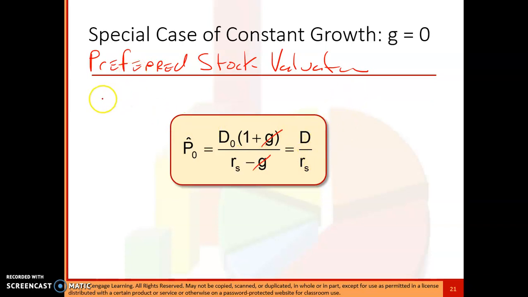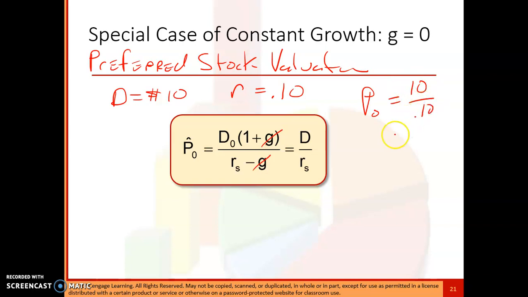So, for example, a simple example: if you own a share of preferred stock that pays a dividend of $10, and you require a rate of return of 10%, or 0.1, the price, or P0, is just D over R. That's 10 divided by 0.1, which is $100.